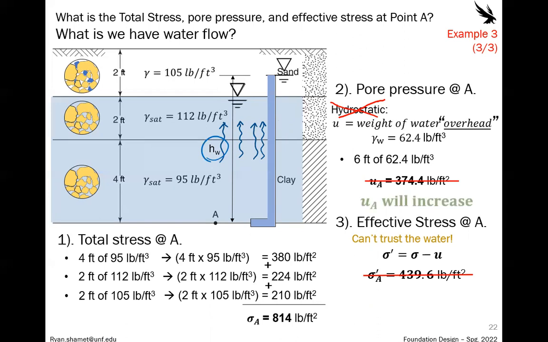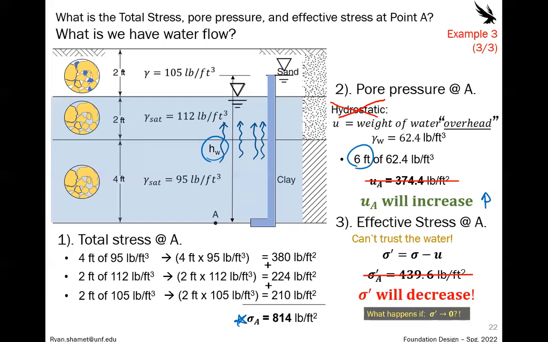So now that would mean our pore water pressure is going to increase since we have greater than 6 feet of an HW. If we increase our pore water pressure, again, our total stress stays the same here since we're not adding any material, we're just changing the water flowing. This would mean that our effective stress will decrease.